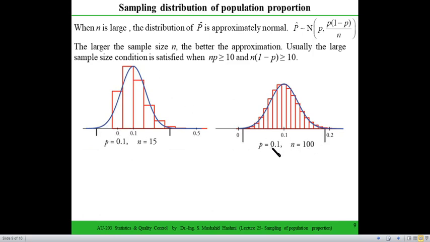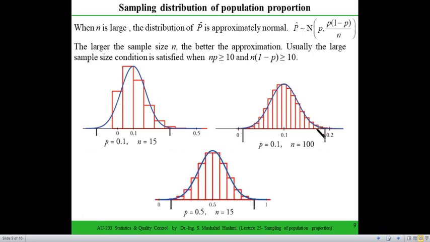Let's say your sample size is 100 and your probability of success is 0.1, then 0.1 multiplied by 100, the np number, would be equal to 10. If it is 10, then your distribution would be considered a normal distribution. So this can be improved either by increasing the sample size or by increasing the probability.